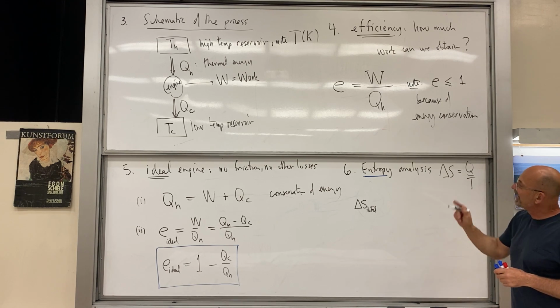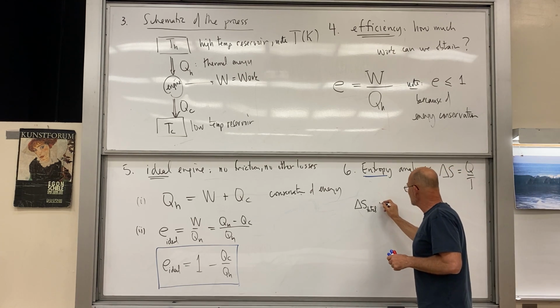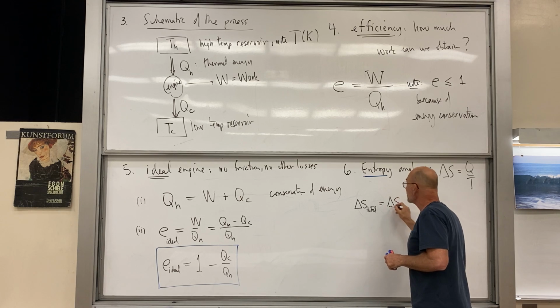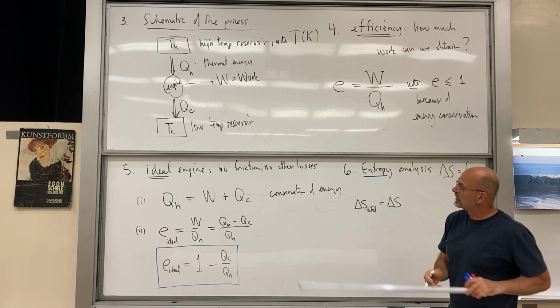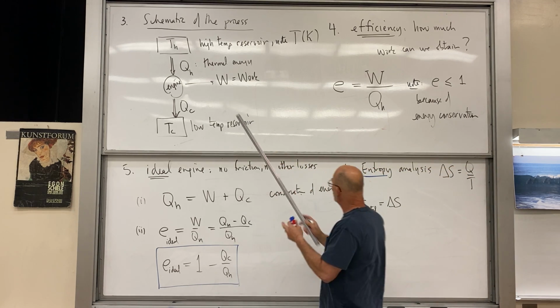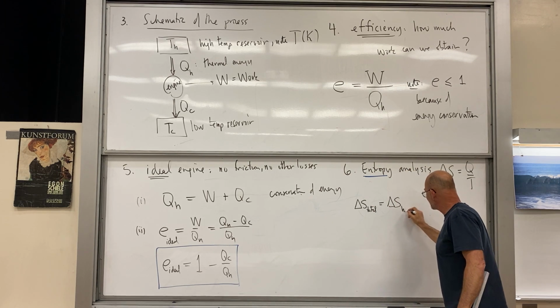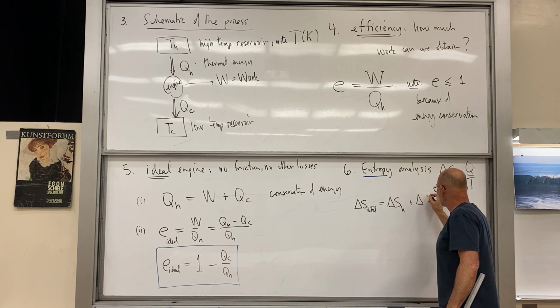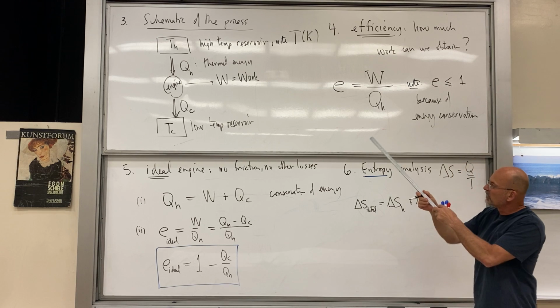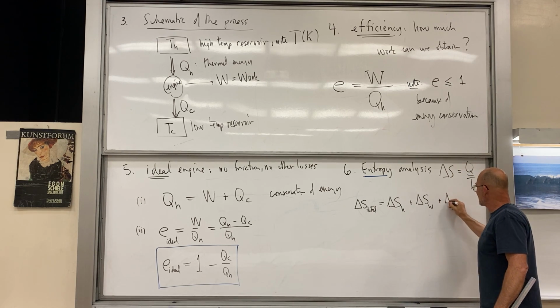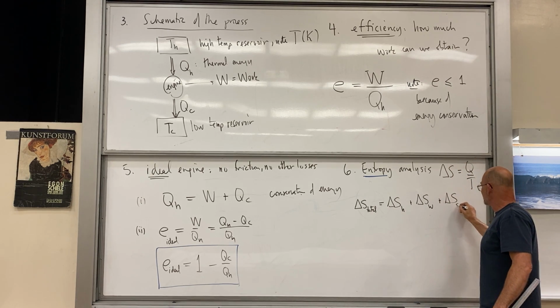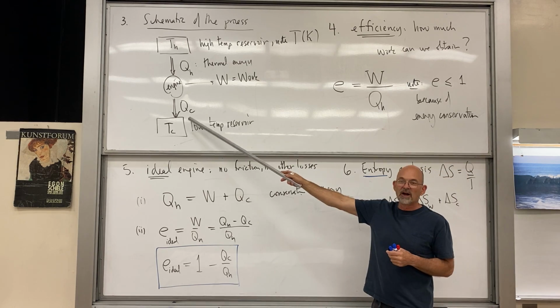So for our engine, delta S total is delta S of the H part, plus delta S of the work part of the engine, plus delta S of the third process here.